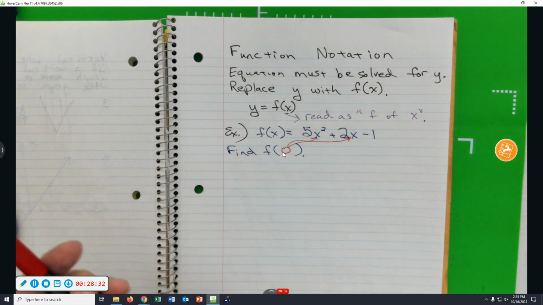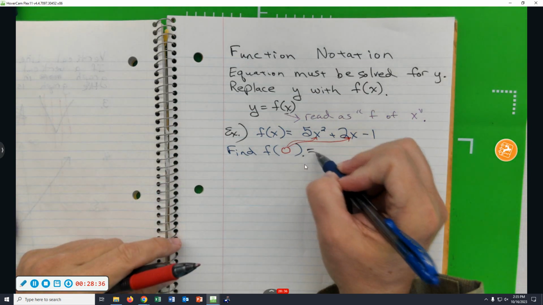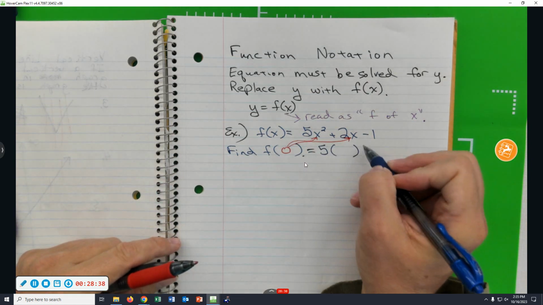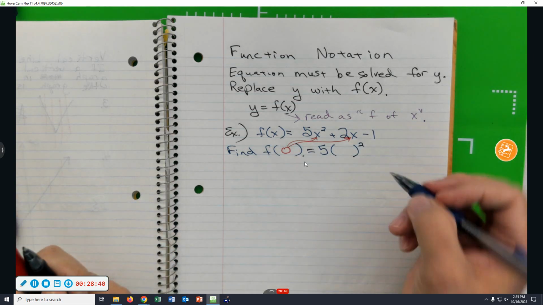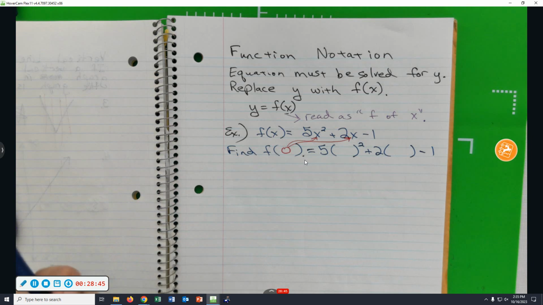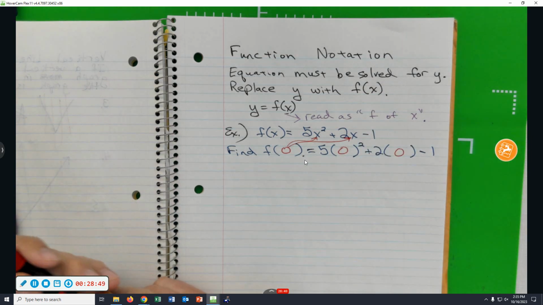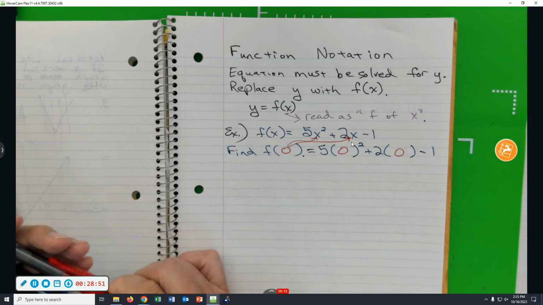So we're going to have f of 0 is equal to 5, replace the variable, plus 2, replace the variable, and simplify.